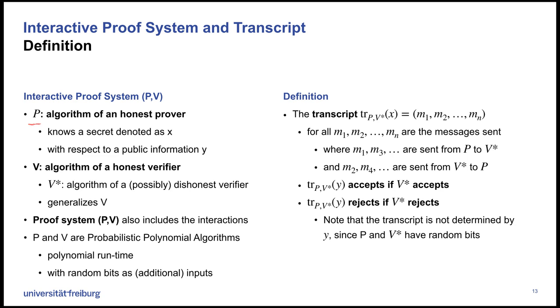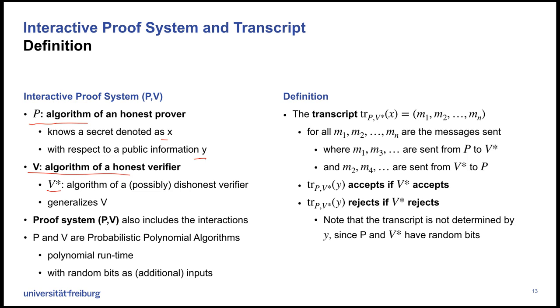One is the algorithm of an honest prover who knows the secret, and we have some public information Y. And we have the algorithm of the honest verifier, which is usually V. Now, with V star, we denote an algorithm of a possibly dishonest verifier who does strange things.